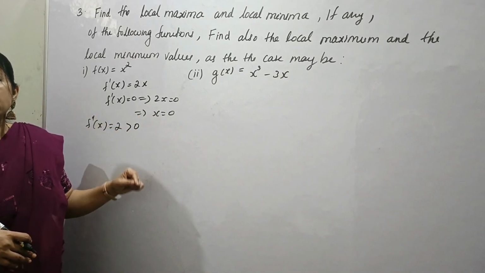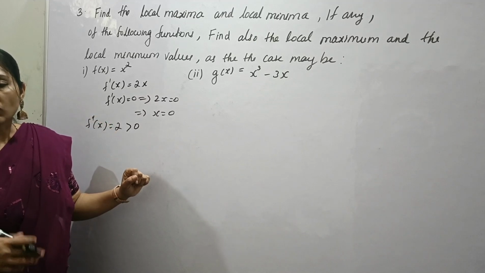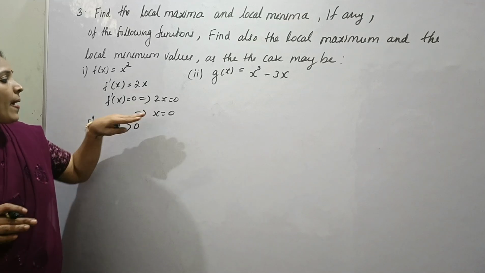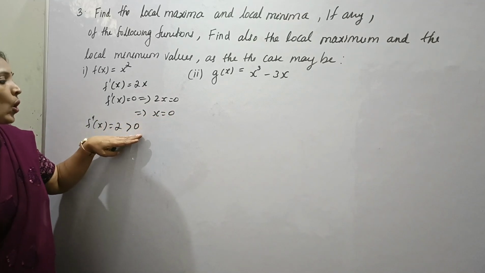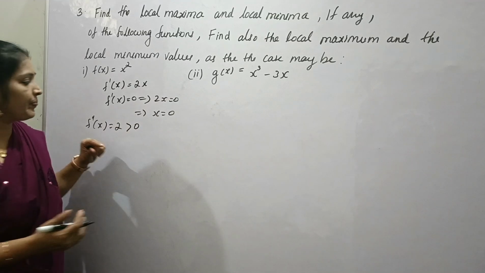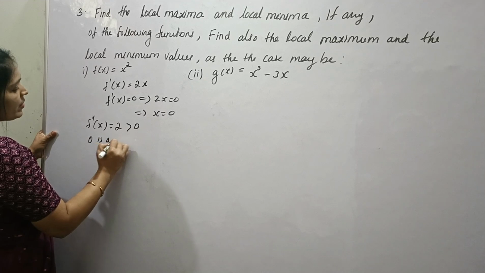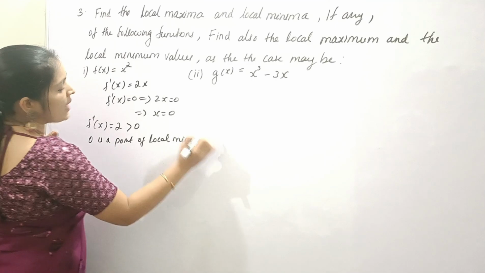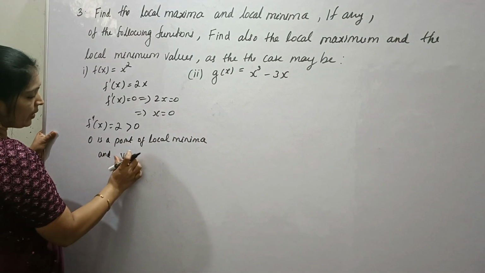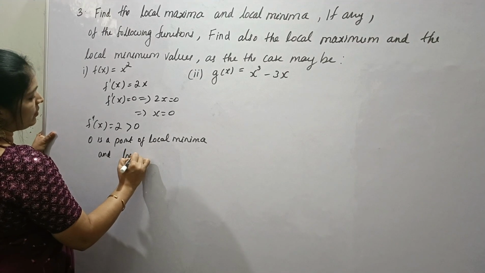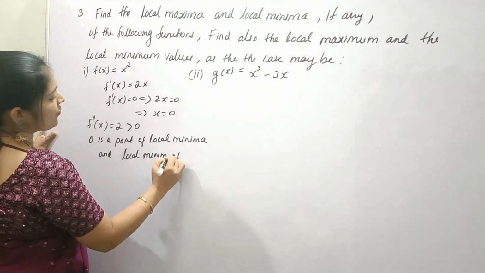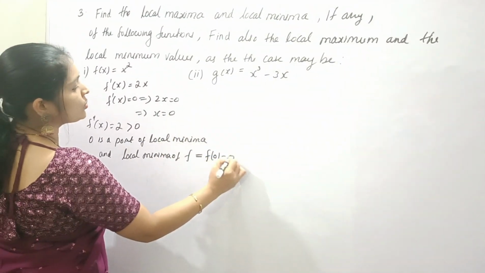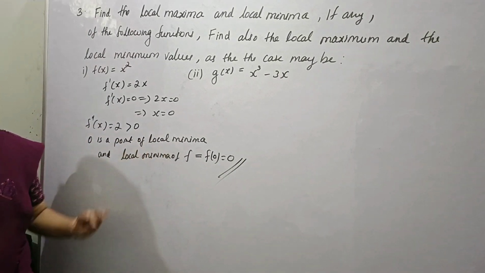Then by the second derivative test, we say 0 is a point of local minimum. 0 is a point of local minima, and the value of the local minimum of f is f of 0, that is equal to 0. So the minimum value of the function is nothing but 0.